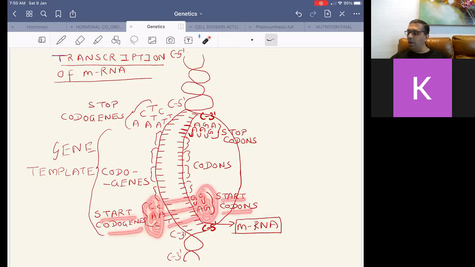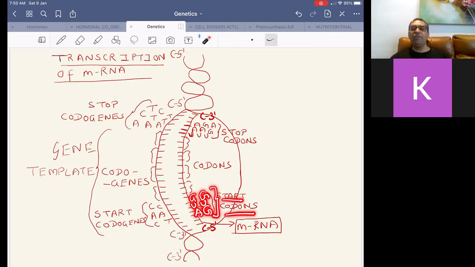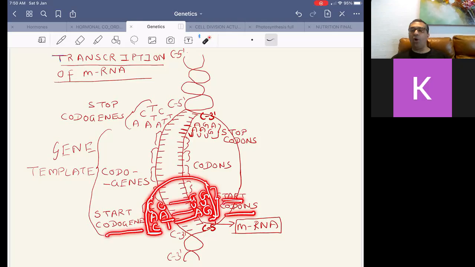So the start codon is either AUG or GUG. These are the two start codons, which means the start codogenes are TAC, which codes for AUG, or CAC, which codes for GUG.